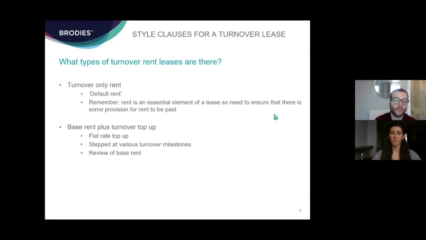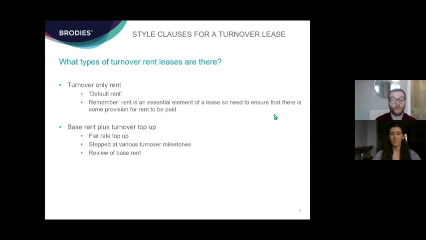Now, there's various ways that the turnover provisions can kick in. We'll come on to look at a style clause in a minute, but we can have simply a turnover as a set percentage when a certain billing threshold is met.